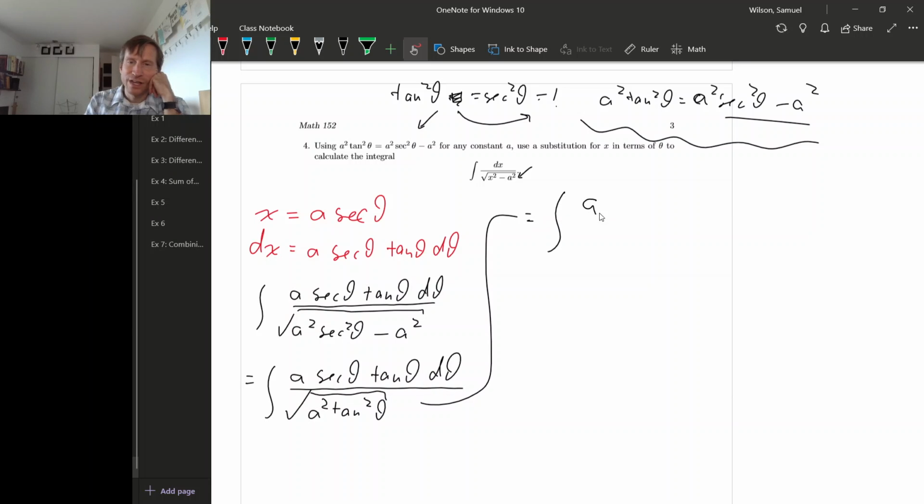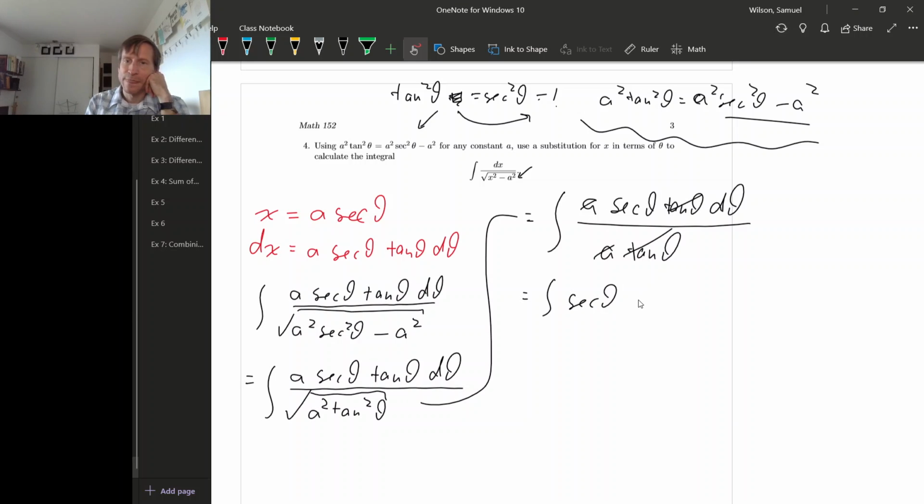Integral of a times secant theta tangent theta d theta all over a tangent theta. And then the tangents cancel. The a's also cancel, which is nice. We're left with just the integral of secant d theta. And that's one that usually we'll just look up, right? It's natural log, absolute value, secant theta plus tangent theta plus a constant.